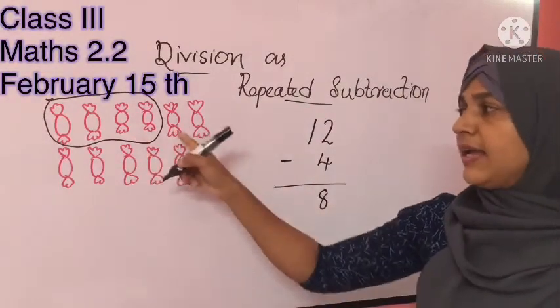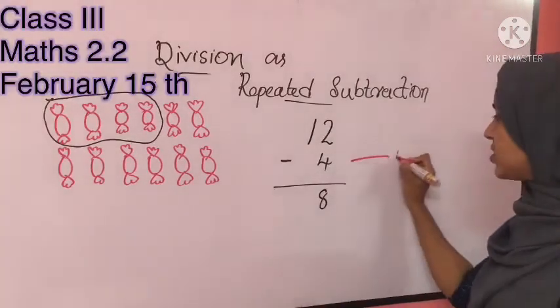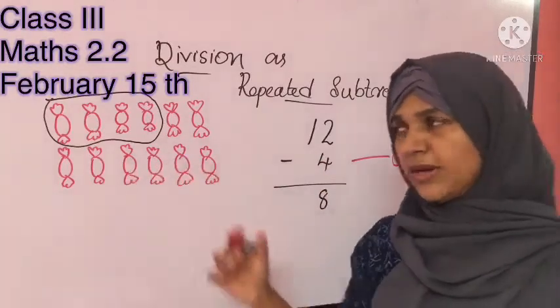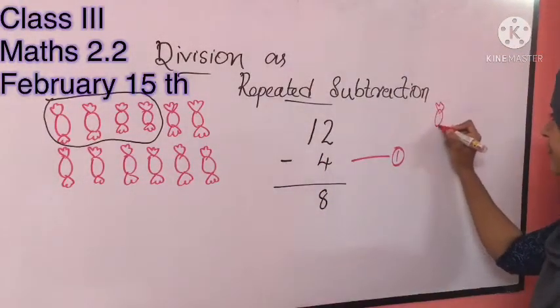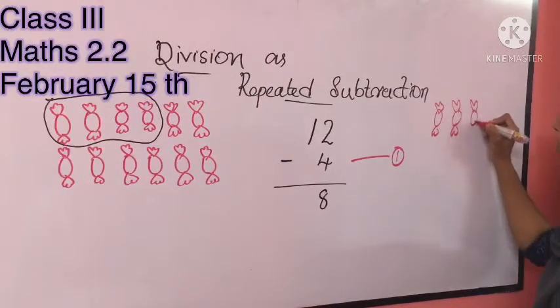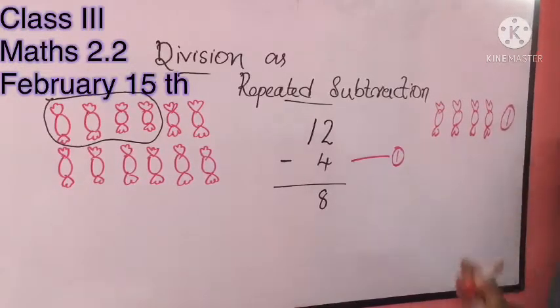Right, we have 8 chocolates remaining. So this is the first group. When I take these 4 chocolates from these 12 chocolates, it makes the first group.